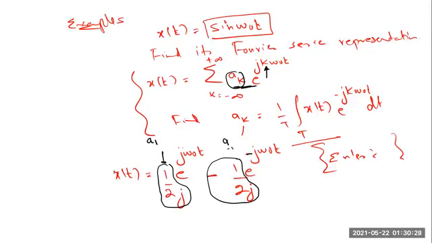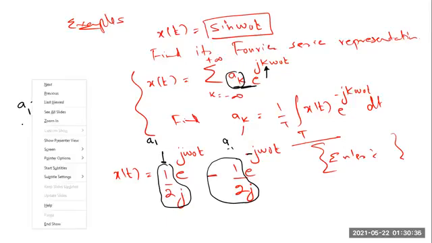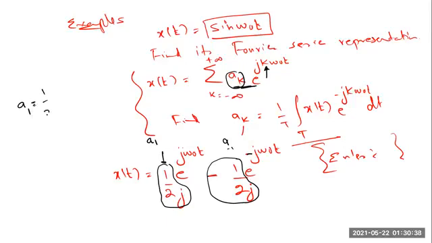So what we can conclude from this representation is, for this signal, a_1 is equal to 1 over 2j, a_minus 1 is equal to minus 1 over 2j, and for all other values, a_k is 0, if k is not equal to plus or minus 1.